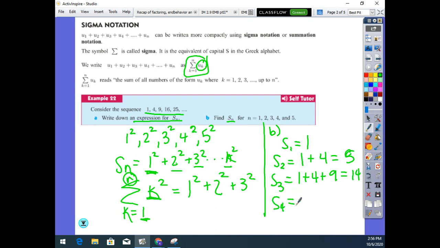S sub 4, first plus second plus third plus fourth, is 30. And S sub 5 is the first plus the second plus the third plus the fourth plus the last one, which is 55. So you're just working your way through evaluating each of the numbers.